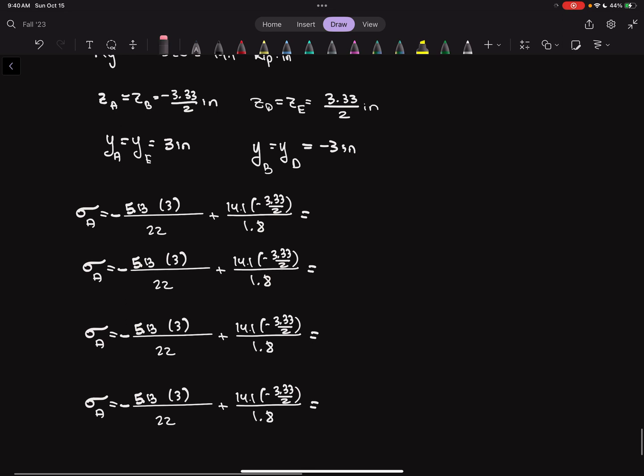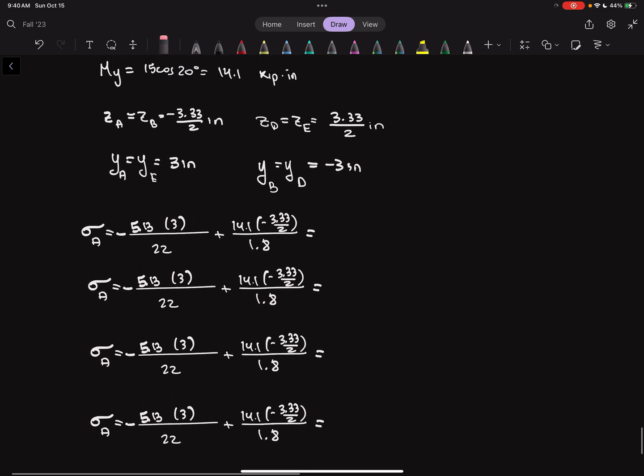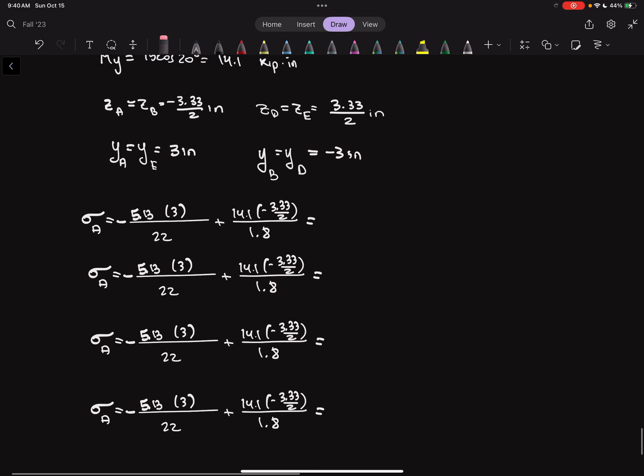Well, now we got to change some things. So for example, we know that this is B, D, and E. So based on that, the YB is negative 3, so here we need a negative. The ZB is good.